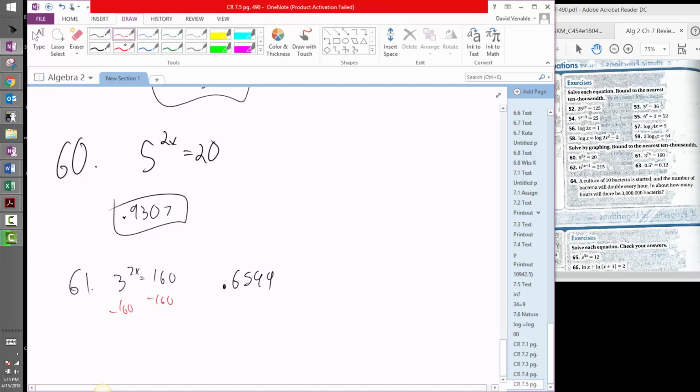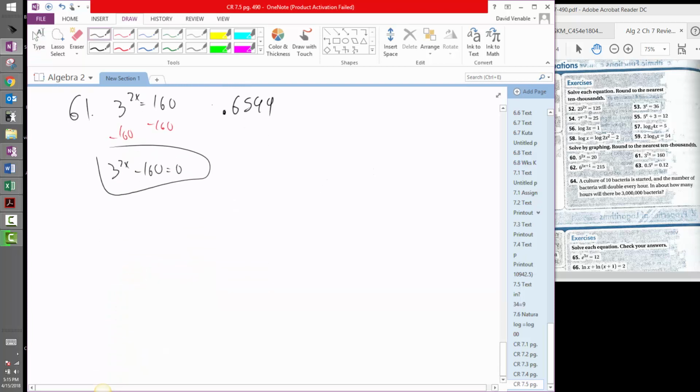This makes it a little easier, instead of worrying about what your window looks like a lot, you can just make sure that you can see where it hits the x-axis, and that way you know that you have a good window. And then we're using our graphing calculator, so we're solving by graphing, still doing it. The x equals, boom, still that answer.